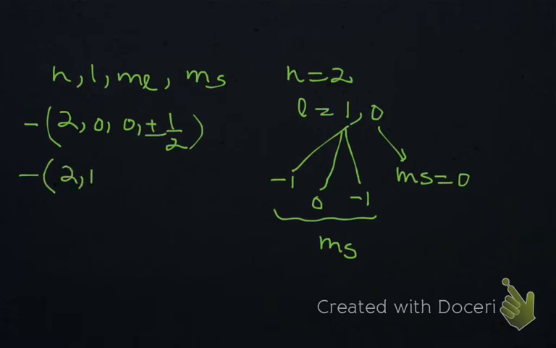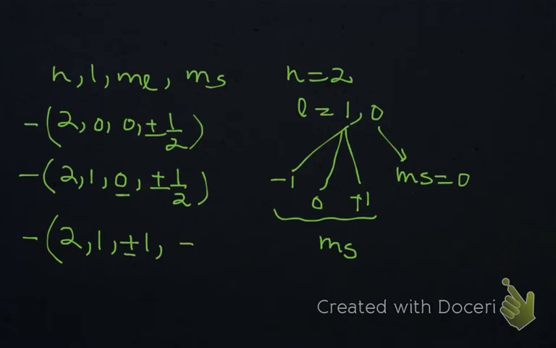For 1, we choose value of ml 0 and ms is again plus minus half. 2, 1, 1. Now we choose the value of ml plus minus 1 and ms again plus minus half.